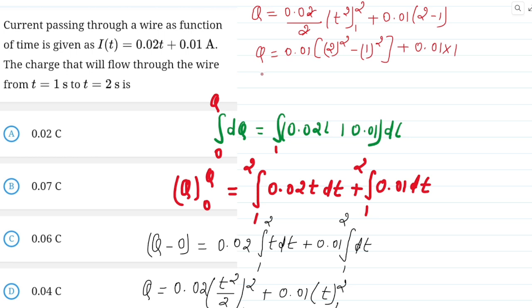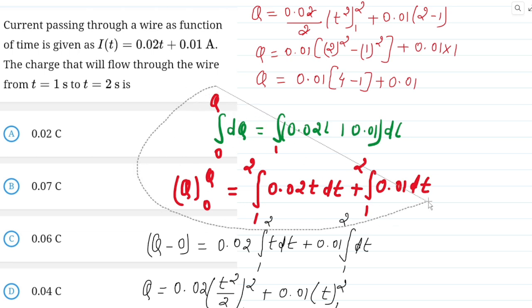The value is given by q is equal to 0.01 into (2 square, 4 minus 1) plus 0.01. Now solving this term we get the final answer.